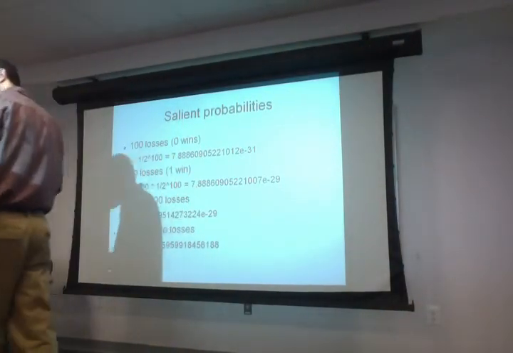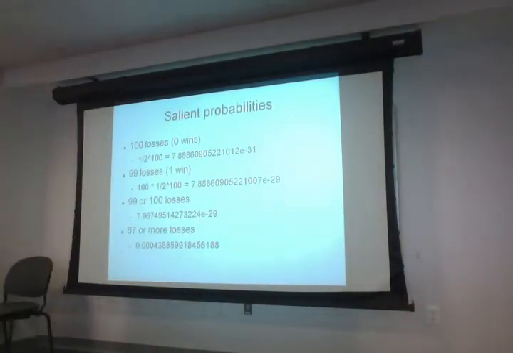Exactly, very nice. Remember that our original problem was you lose 100 with a 50% chance and you gain 200 with another 50% chance. So 67 or more losses will produce a net loss for you after throwing a coin 100 times.